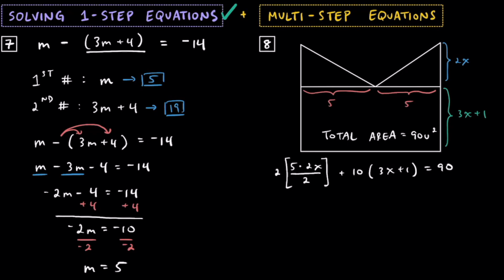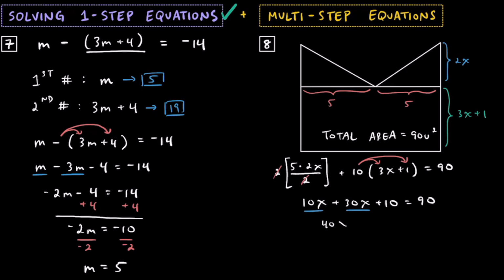That's the total area. So these are going to cross cancel here, and then 5 times 2x, that's going to be 10x. And then if we distribute this 10 over to these two terms here, that's going to be 30x plus 10, and that's going to be equal to 90. So what's 10x plus 30x? That's going to be 40x.